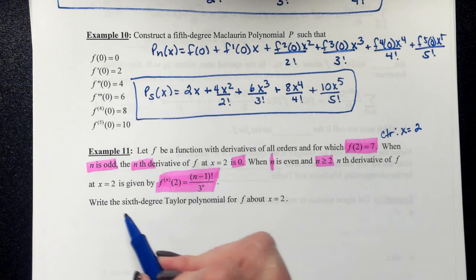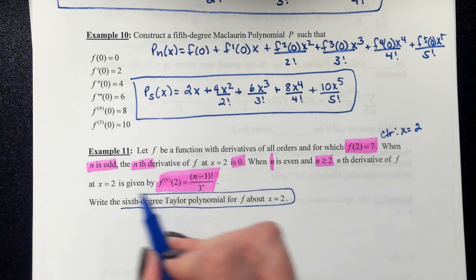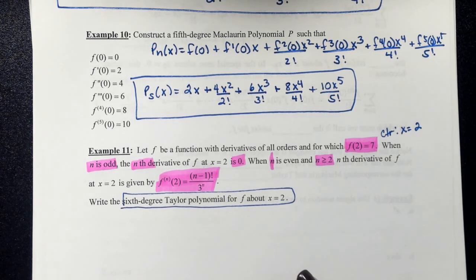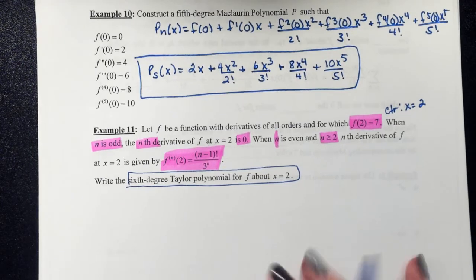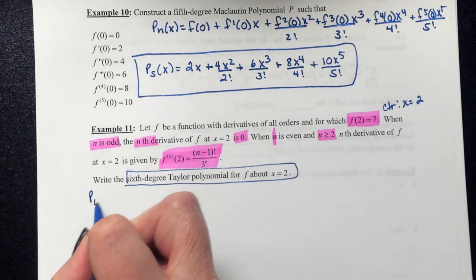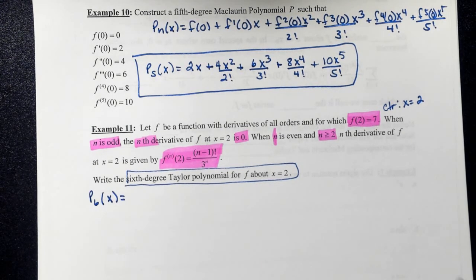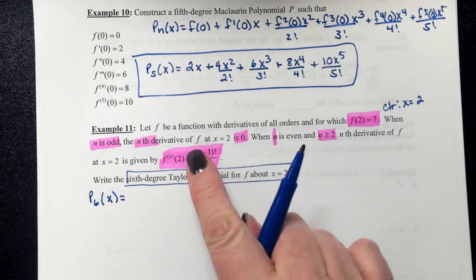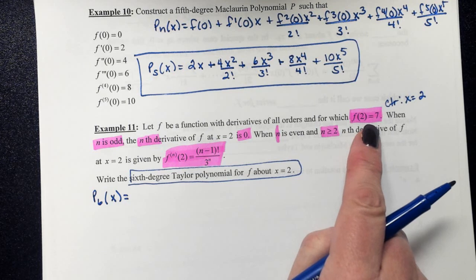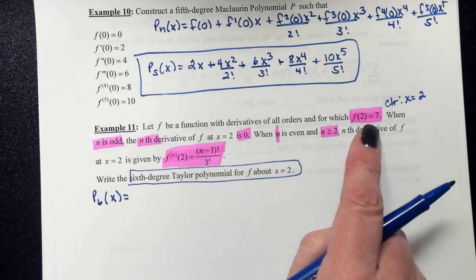So they want me to write a 6-degree Taylor polynomial about x equals 2. Now, since the value of my odd derivatives are all equal to 0, what's going to happen with all the odd powers? Cancel out.